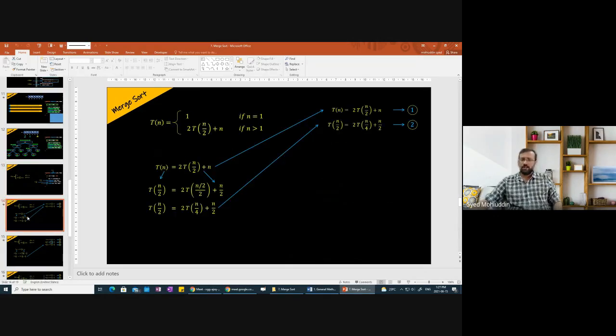But suppose the question is asked to solve so and so recurrence relation, or to compute the time complexity of merge sort using the recurrence relation, then only you write this. Otherwise, don't try to solve the recurrence relation.